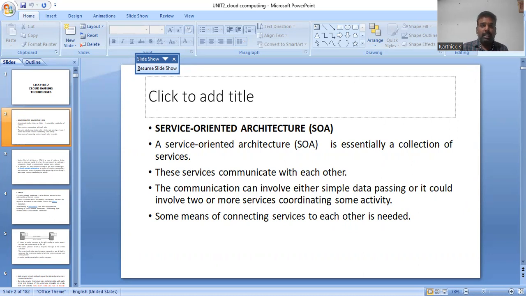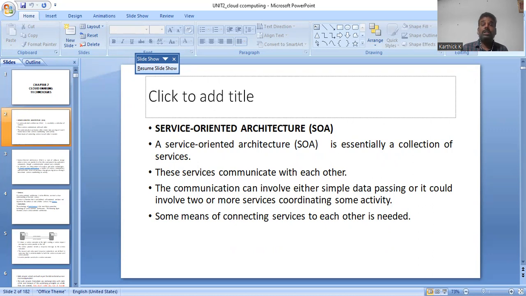That service should get input from the user, process it, and I should get the particular service output from the database. So we need some centralized architecture or intermediator or interface between the user and that end part.